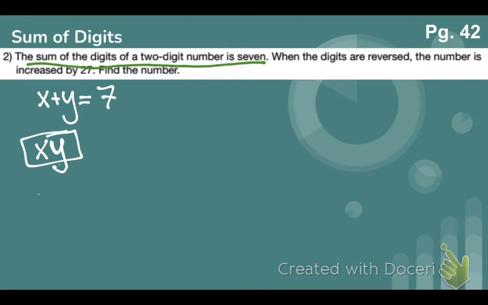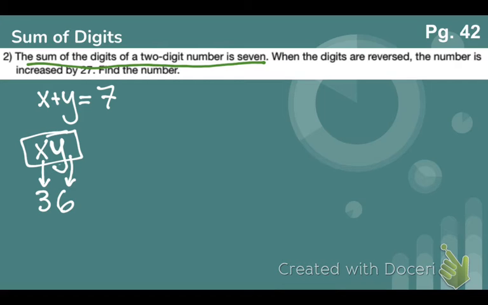For example, if we wrote 36 as our number, I would say that the 3 is x and the 6 is y. So we're calling it xy, together.